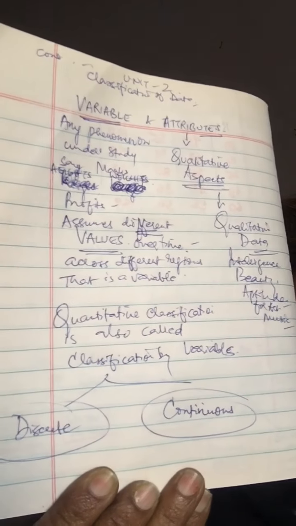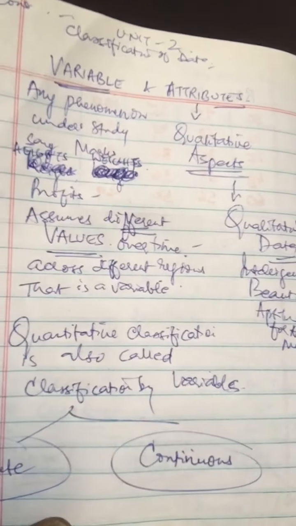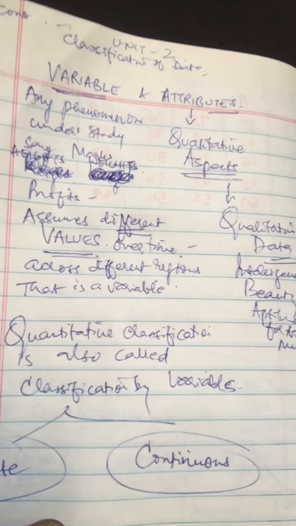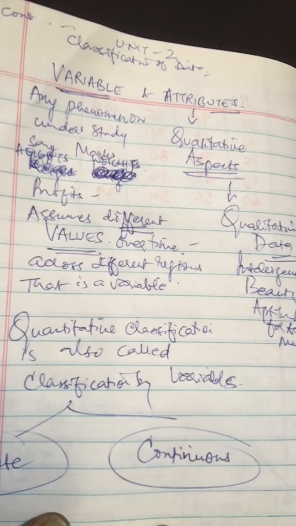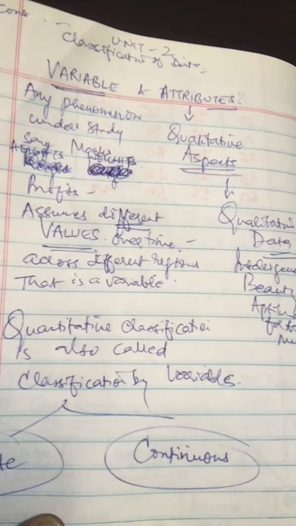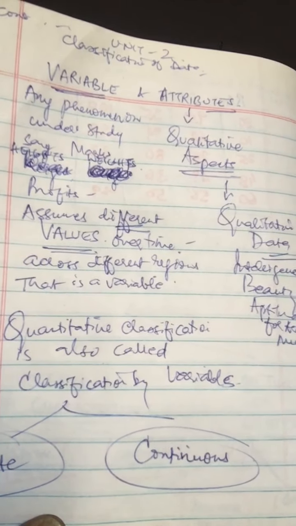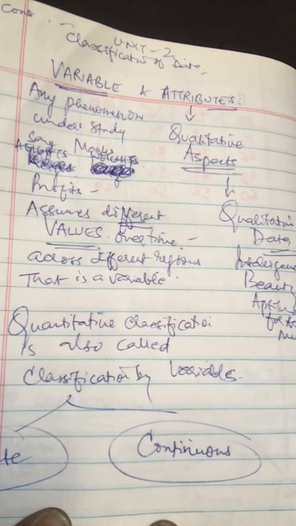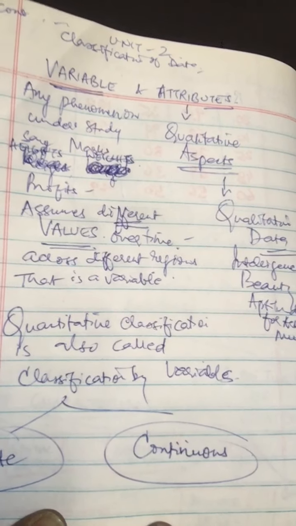Now, what is an attribute? Say the looks of the people, their intelligence, their beauty, aptitude for art and music also change from one individual to the other. They cannot be measured numerically in the same way as one can measure heights and weights or prices or income.